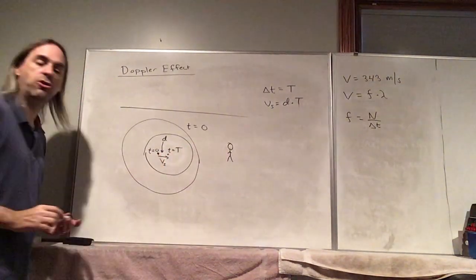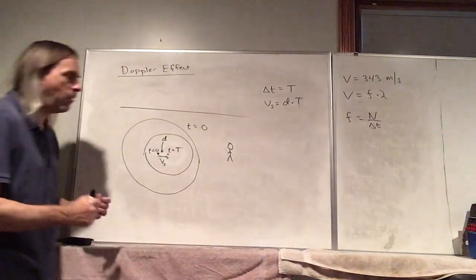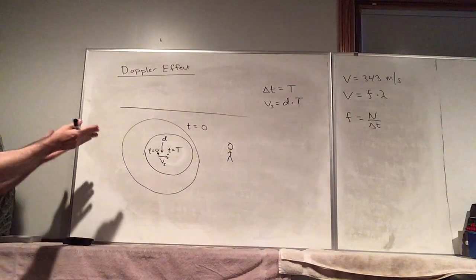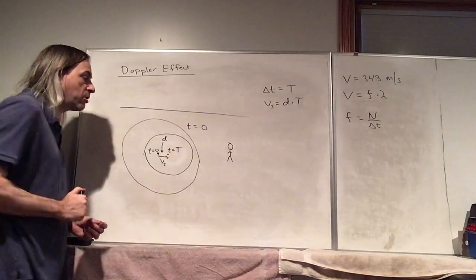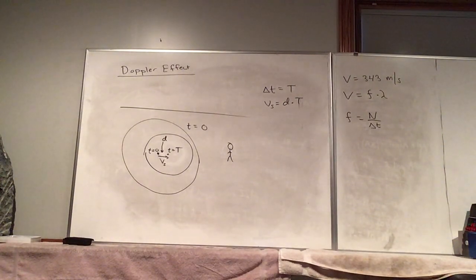the source is moving towards you, and you're going to see these wavefronts, according to this picture, much more closely stacked together than they would be if the source of sound was stationary.